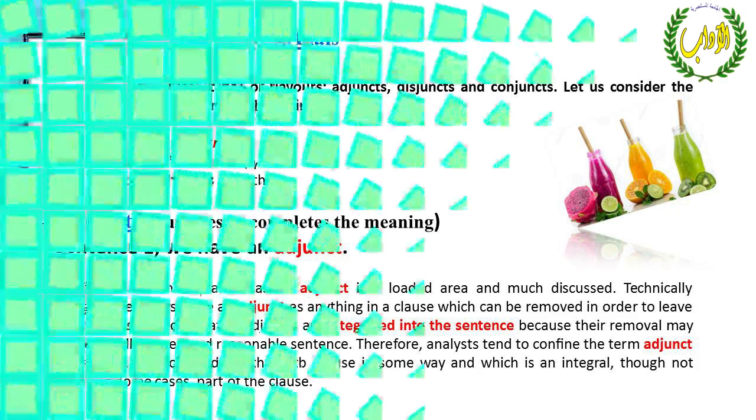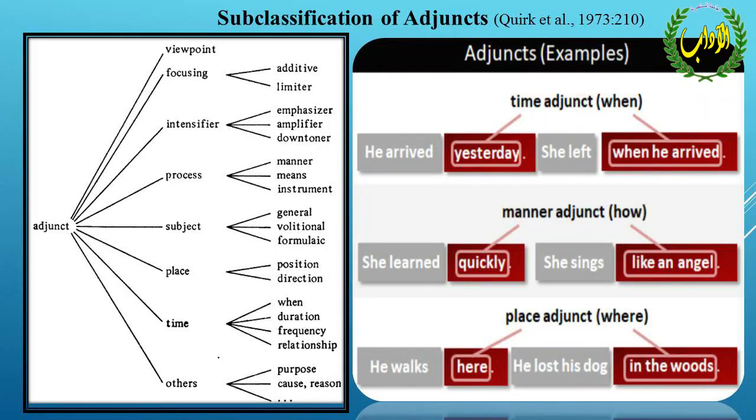For the subclassifications of adjuncts, as in Cook et al. 1973, page 210, we have the following subclassification. Adjuncts are usually classified into viewpoint, focusing. Focusing can also be subclassified into additive and limiter. Intensifiers can also be subcategorized into emphasizers, amplifiers, downtoners.